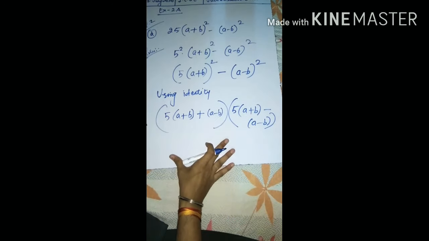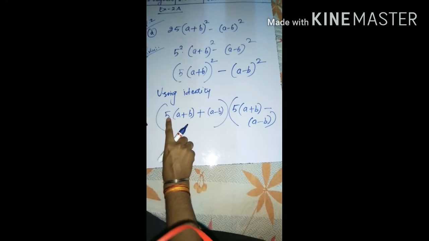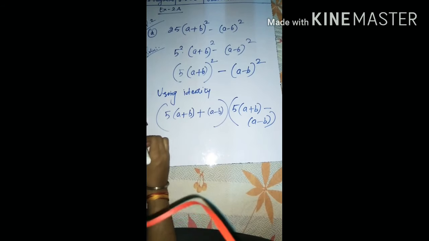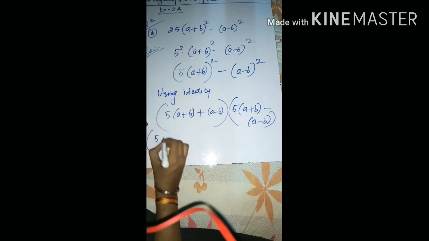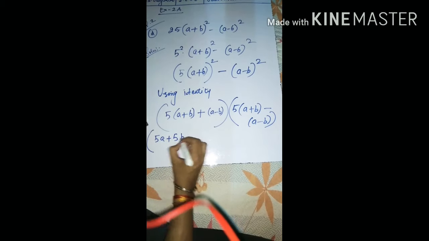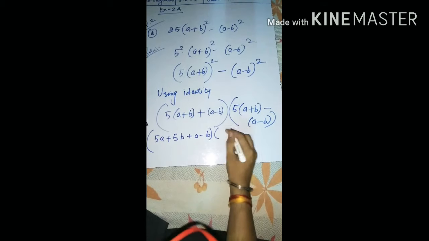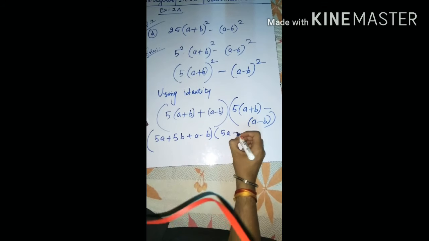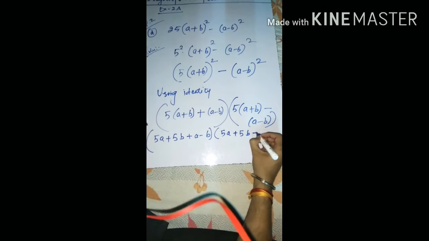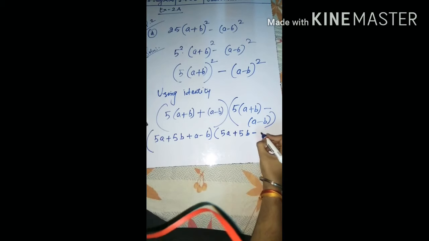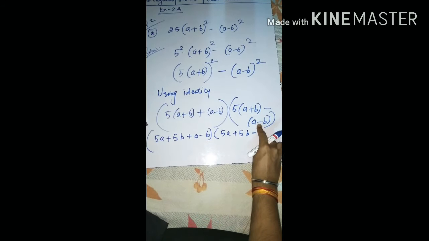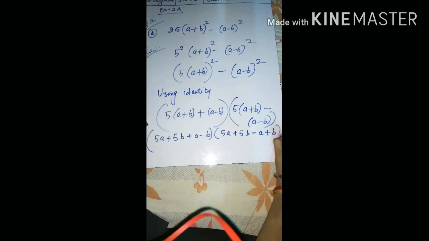All right, okay, this 5 you can multiply inside, so this is 5a plus 5b plus this is a minus b. This 5 also you multiply inside, this is 5a plus 5b minus, see this minus of a, okay, minus minus this will be what, plus of b.